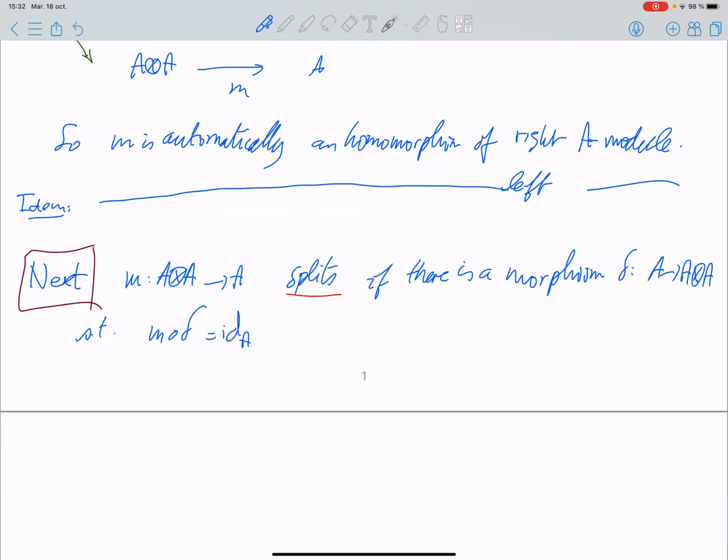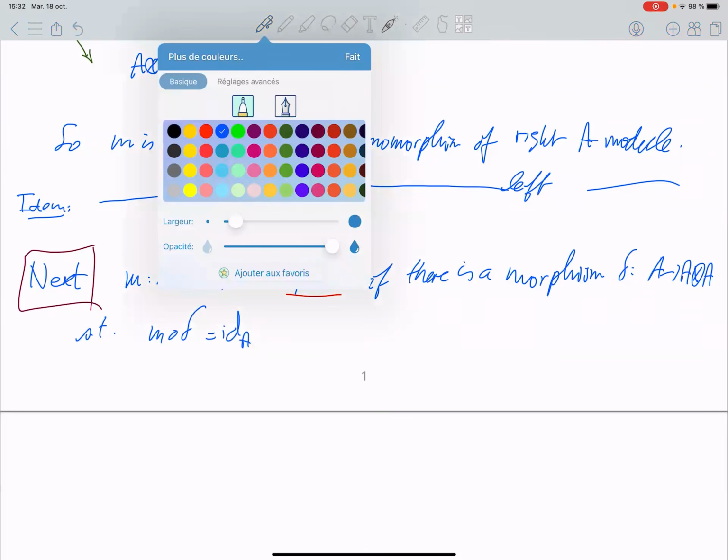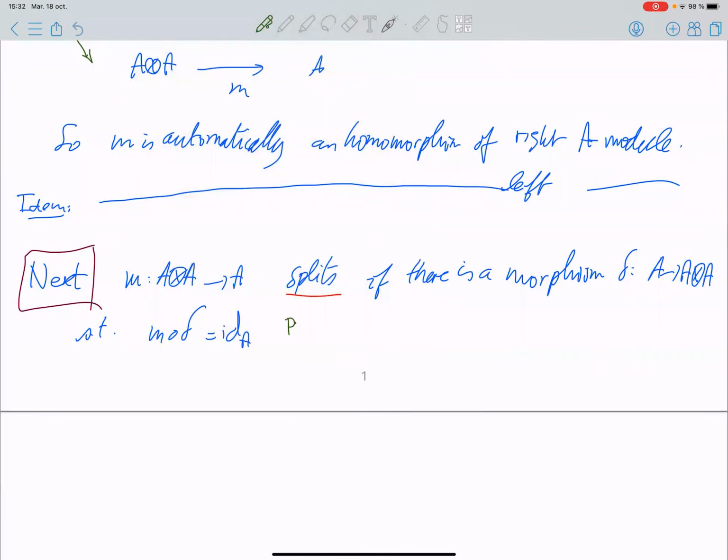In other words, pictorially. So you have M from A tensor A to A. So you represent it like that. And you have delta from A to A tensor A. So wait.